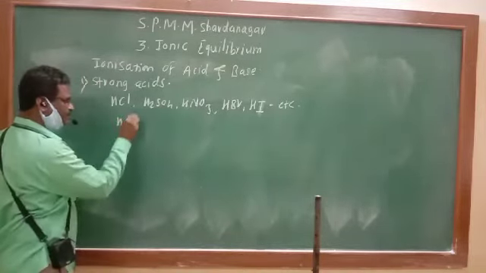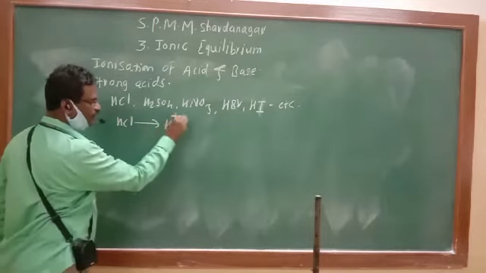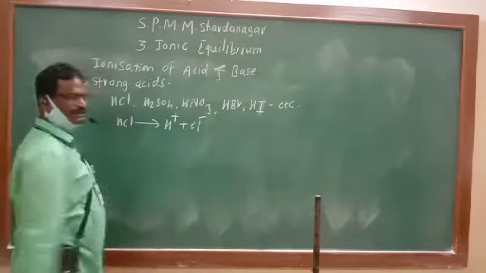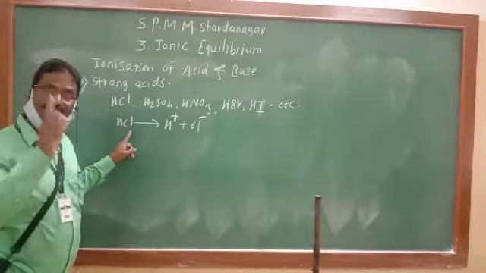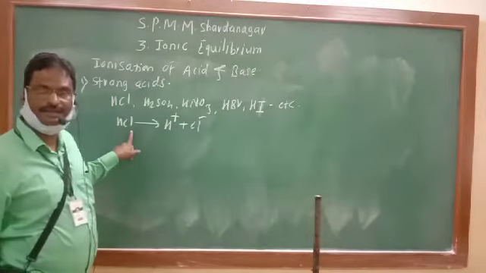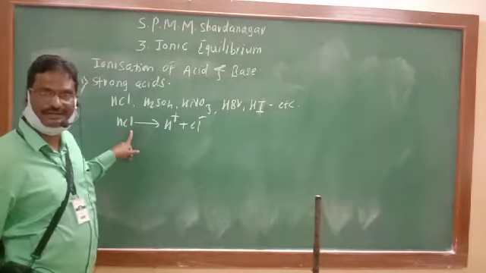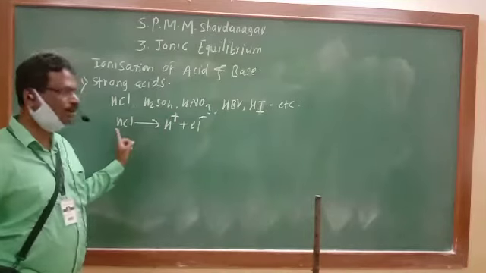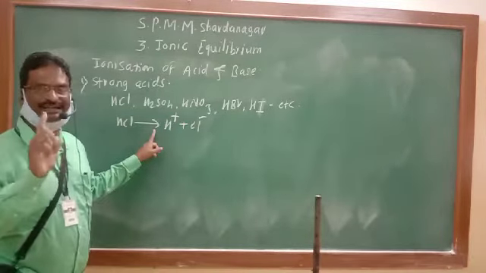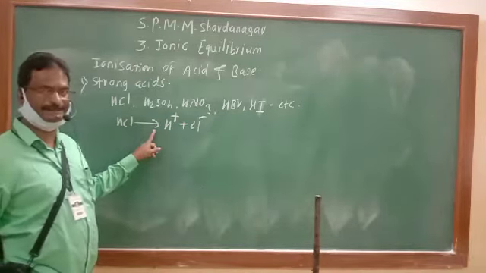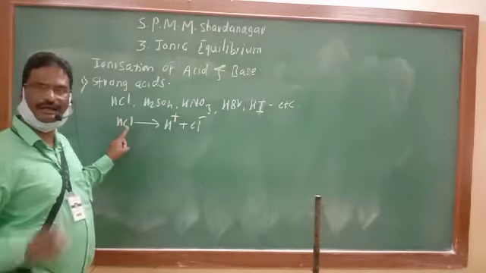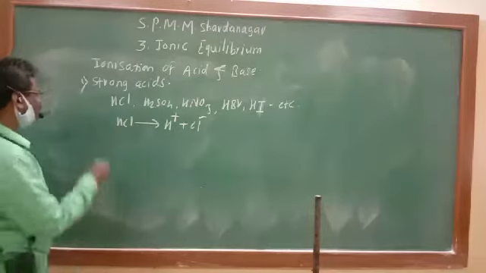For example, HCl on dissociation giving H plus and Cl minus ions. 100% dissociation take place. Irreversible dissociation take place. Therefore, arrow is shown in only one direction, because HCl undergo complete dissociation.